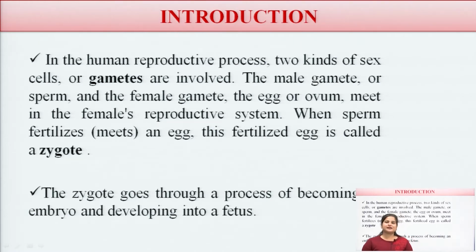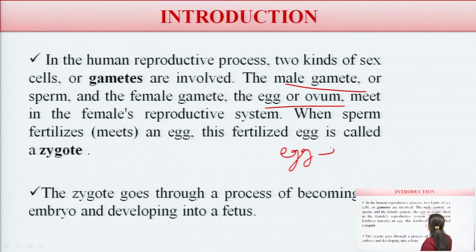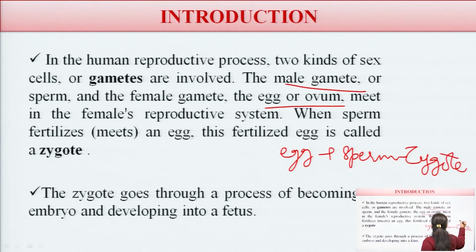The male gamete is known as the sperm, and the female gamete is known as the egg or ovum. When the egg fuses with the sperm, they form the zygote.